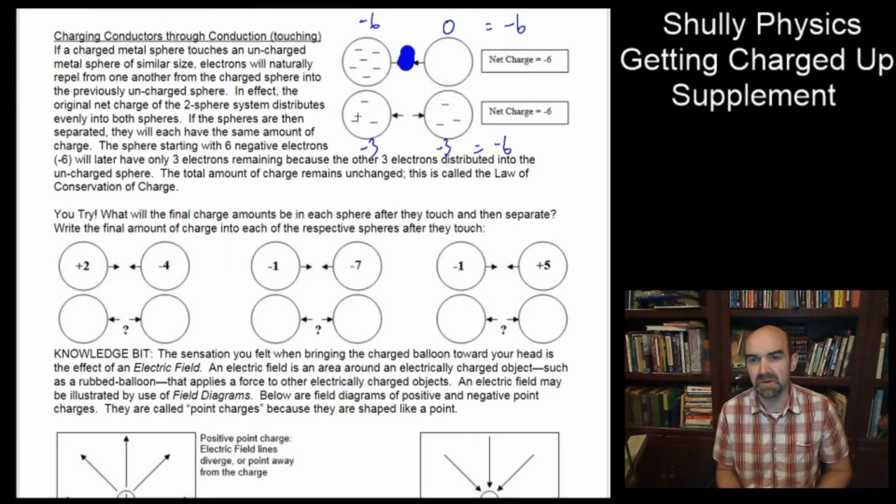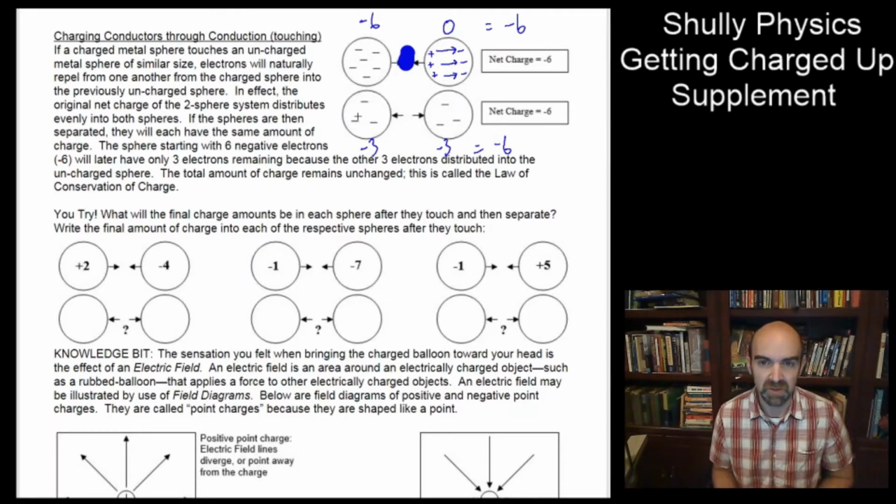Before they touch, though, the electrons that might usually be hanging out on this side of the sphere are going to leave their protons behind and transfer to the other side. So kind of a unique thing happens here. There's going to be induction happening. Notice that the total charge on the right sphere is still 0, 3 positives and 3 negatives, but they've just redistributed, and that creates a surface close to the negatively charged sphere that is positively charged.